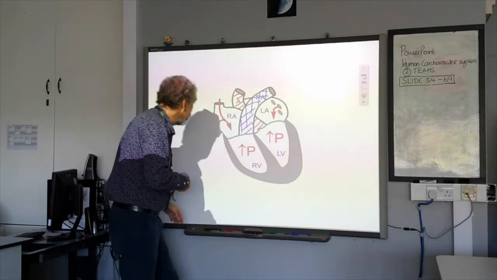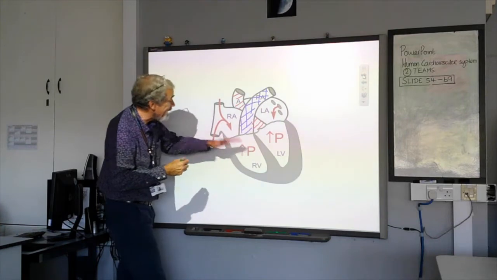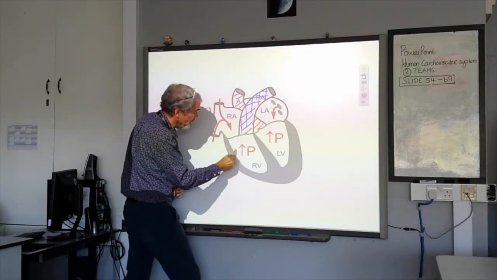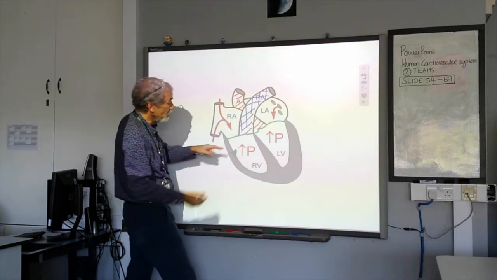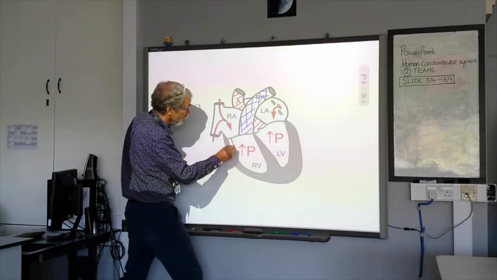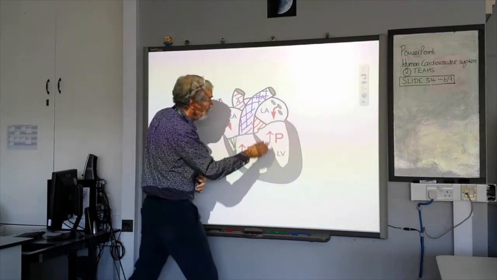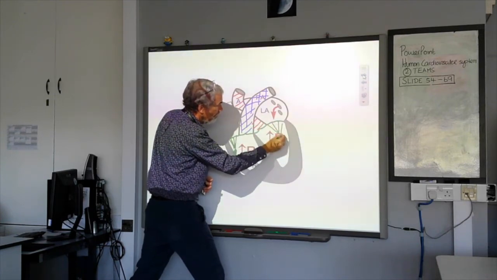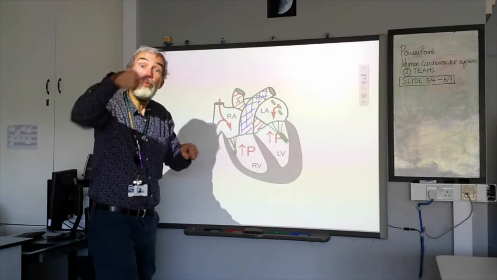I'll just use a green pen. What is holding them closed against that pressure is the papillary muscle, which is attached to the wall down here of the actual ventricle, and there are cords which run up to the valves that stop that valve from doing what we don't want it to do.